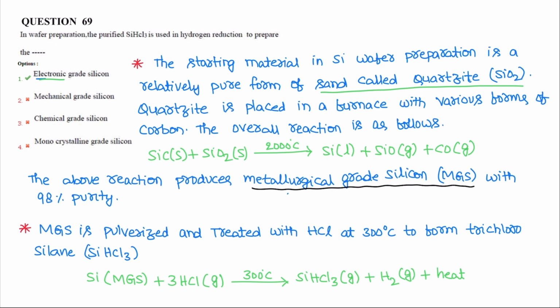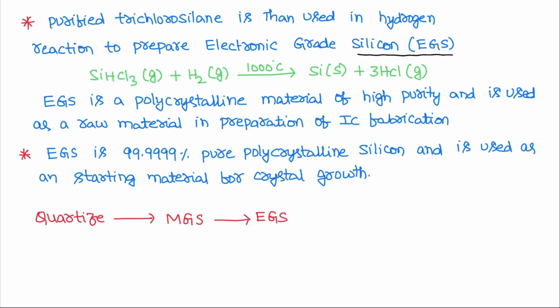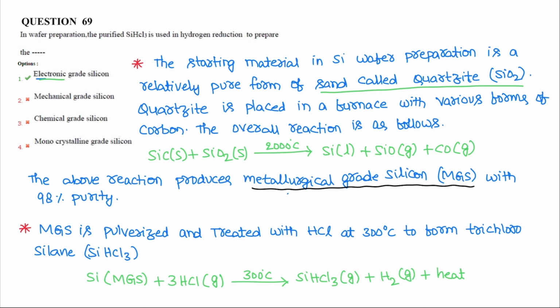Initially quartzite, and then metallurgical grade silicon, and then EGS, electronic grade silicon. To prepare this EGS, from MGS we need to go for the hydrogen reduction technique using SiHCl3. Correct option is 1, electronic grade silicon, which is 99.999% pure polycrystalline silicon, which is a raw material for preparation of integrated circuits.